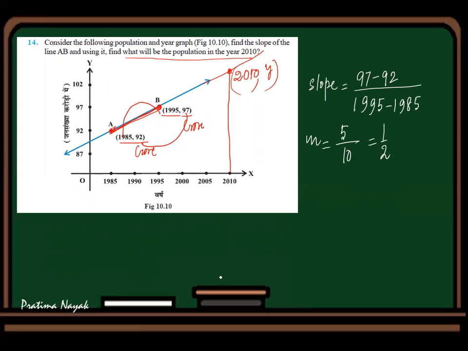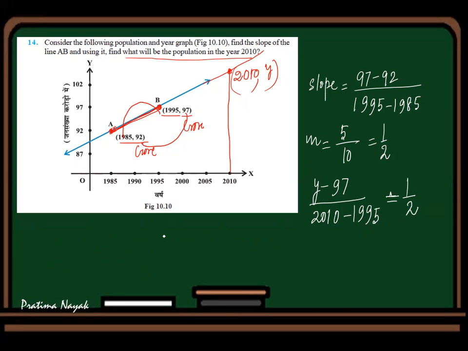Using this slope, go for the other one. If you take this point as your C at 2010, you will write y minus 97 by 2010 minus 1995. This is also the slope, the same slope, because they are part of the same straight line. So this will be again half.